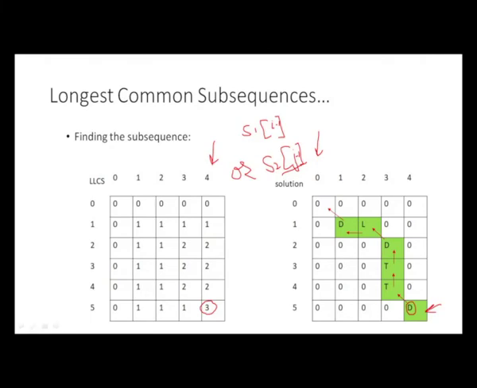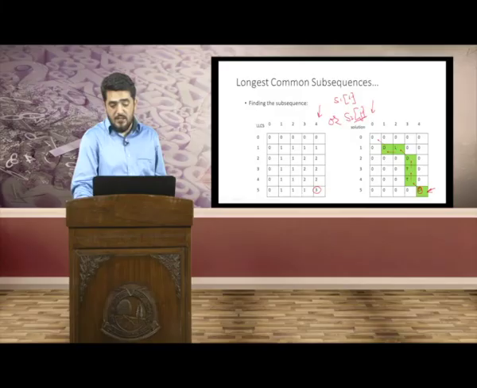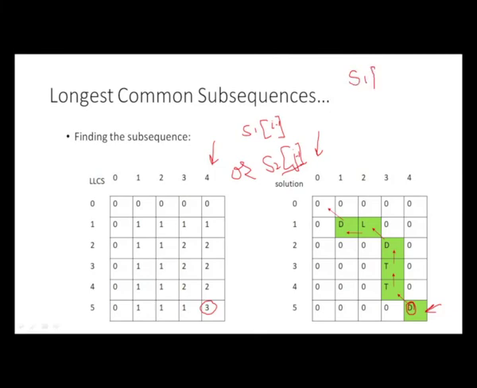So if this is d for 4 and 5, then it is implicit that S1 of 3 is equal to S2 of 4, and we can display either of the two. Either we display S1 of 3 or we display S2 of 4. So we'll build our solution by considering one of the characters.